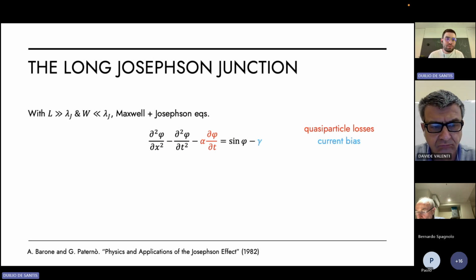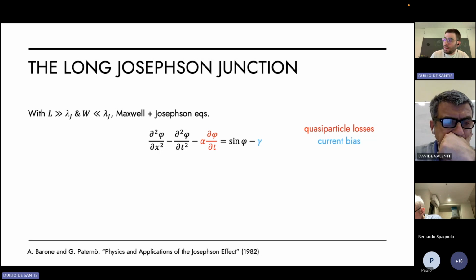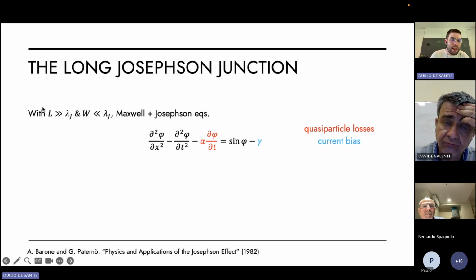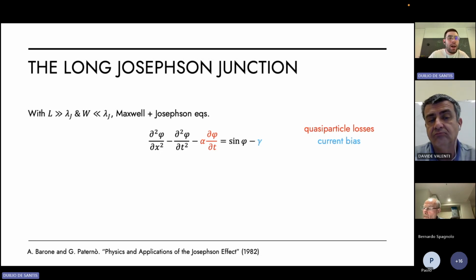If there is a length L and a width W of a junction, we can show that if the length and the width are respectively much larger and much smaller than a characteristic scale called the Josephson penetration depth, then we can combine the Maxwell equations with the Josephson equations, and we get a one-dimensional partial differential equation governing the dynamics of the system.